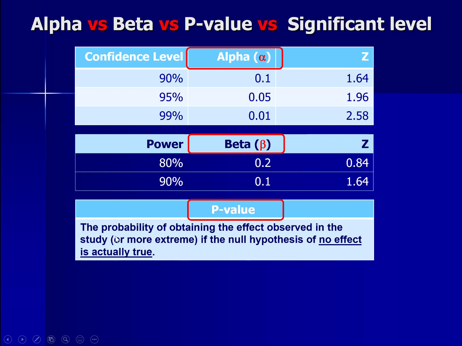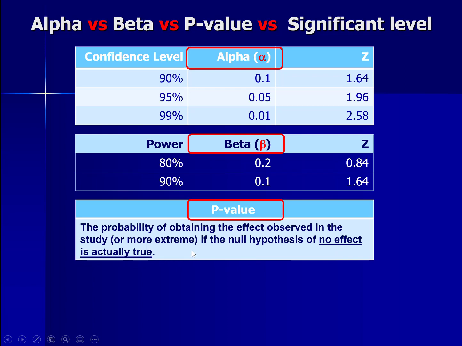So the p-value is the probability of obtaining the mean difference observed in the study, or more extreme, for example a mean difference of 3 kilograms of weight reduction, if the null hypothesis of no effect is actually true.